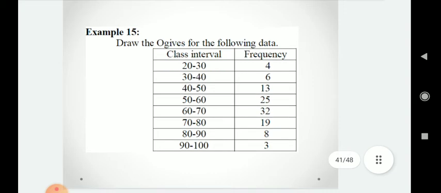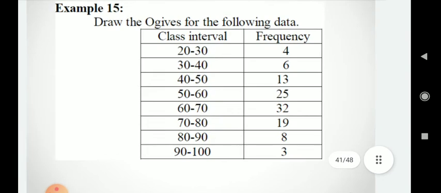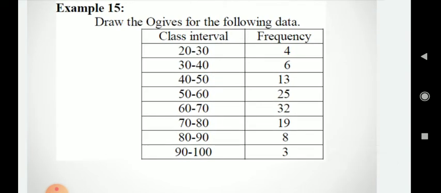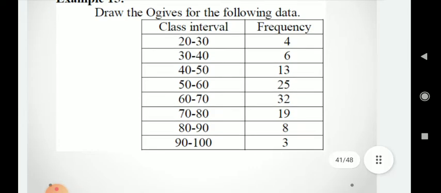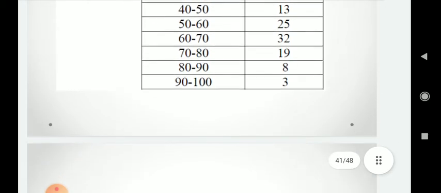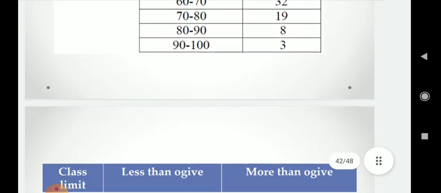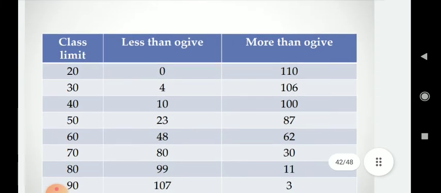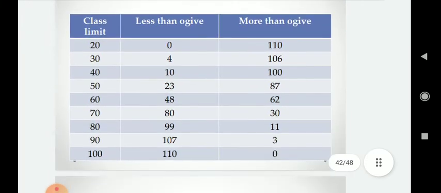Draw the ogives. Here they have said ogives, so in this case we have to draw both the ogives, that is less than ogive as well as more than ogive. Class intervals and frequencies have been given. So let us draw the ogive. This is the first thing that we have to do, tabulation.